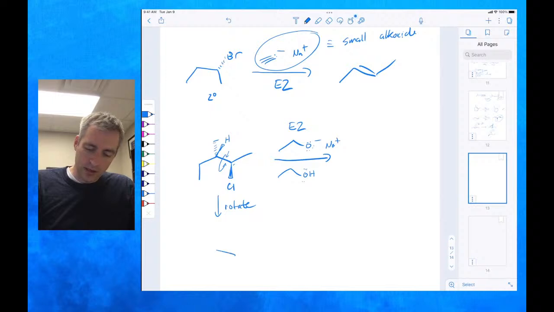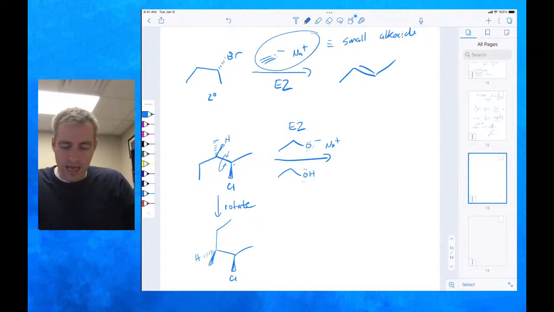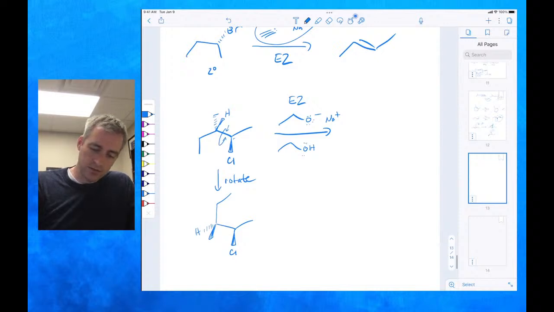We're going to leave the Cl where it is, and if we rotate it so that that group comes up, the hydrogen that's in front is going to be going in back, and the methyl that was in back is now in front. Now it's okay to do our E2.